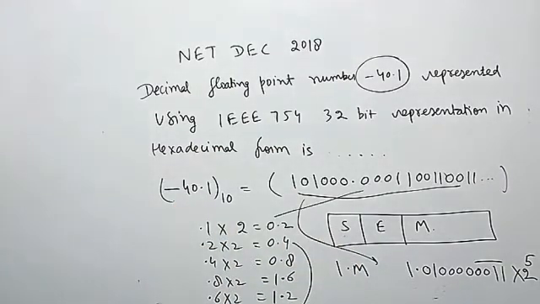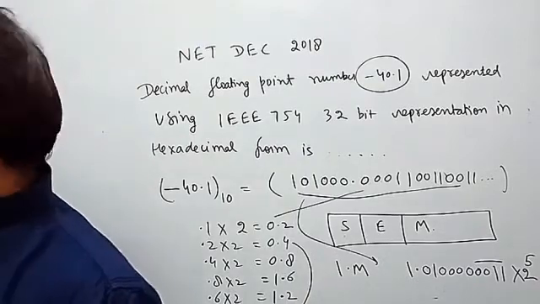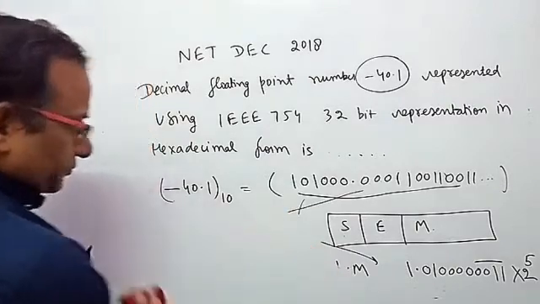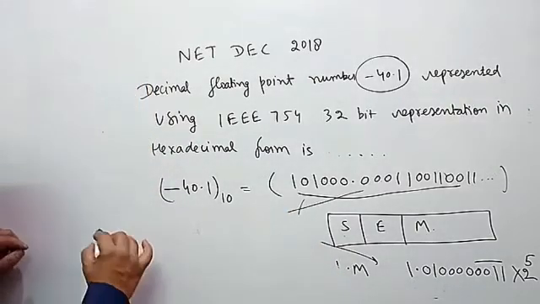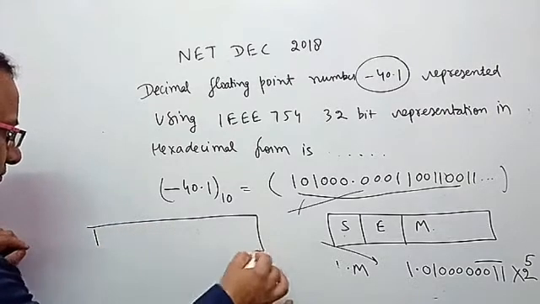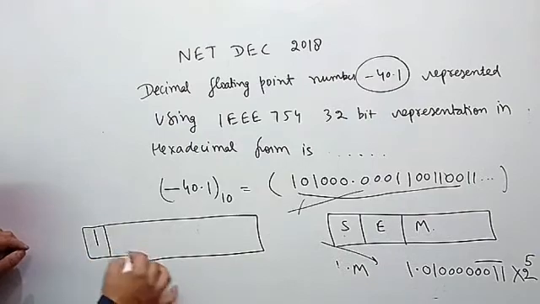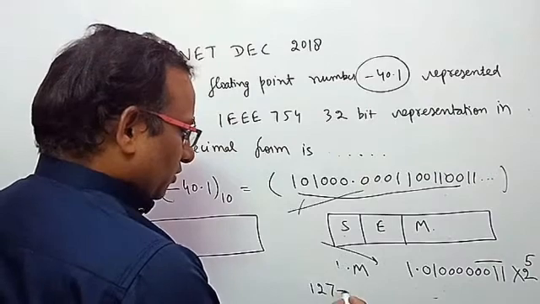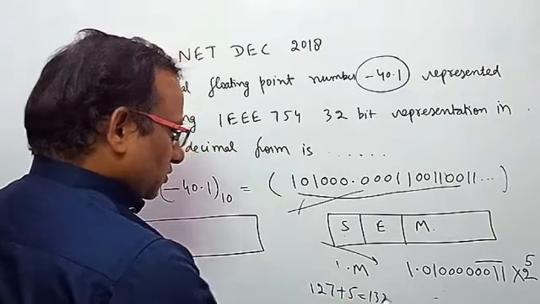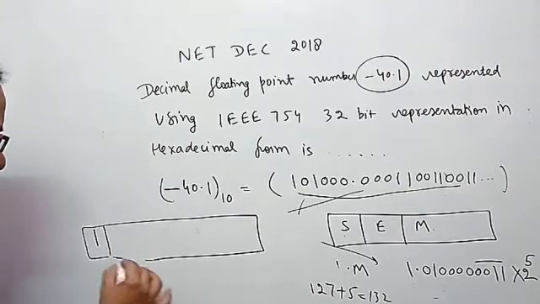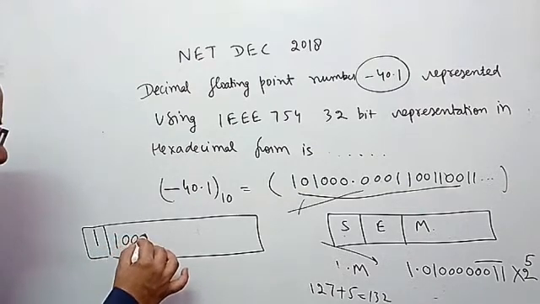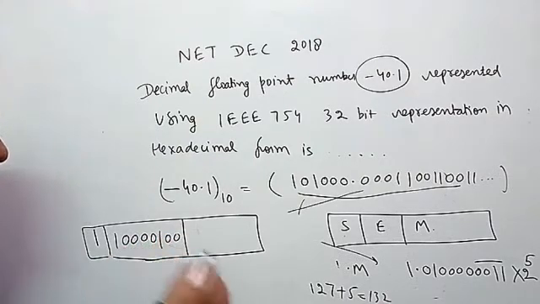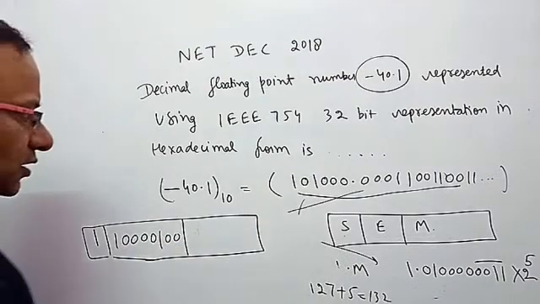So let's store it. Sign bit will be 1 for negative. The exponent is in excess 127. After adding 127 to this, it will become 132. So the exponent will be 128, 64, 32, 16, 8, 4, 2, 1. This is the biased exponent.